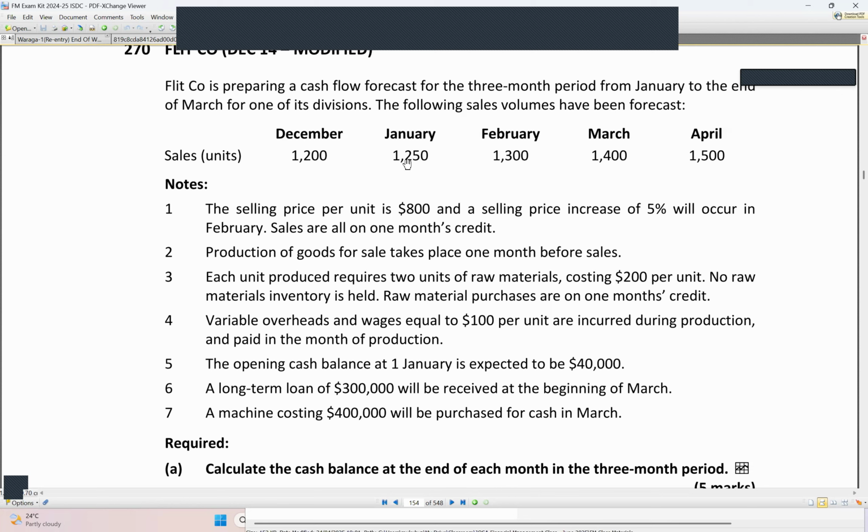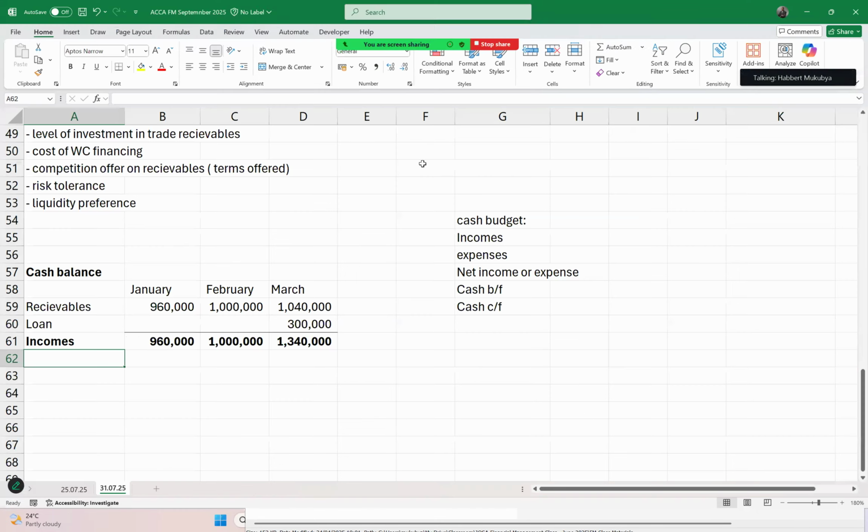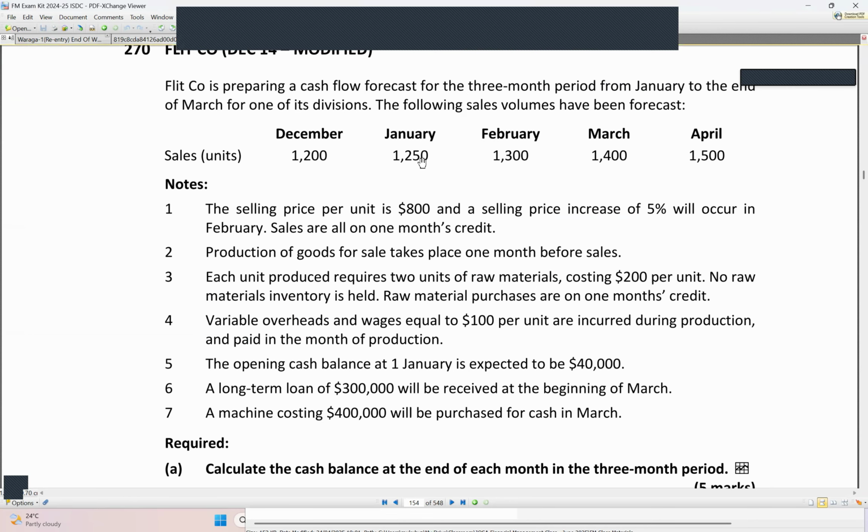So if we have 1,250 units, then it needs 2. That means that is 2,500 units. But those units, since they are in January, they will actually be, as we said, made in December, 2,500 units. So each one costs $200, and those are purchased on 1 month credit.